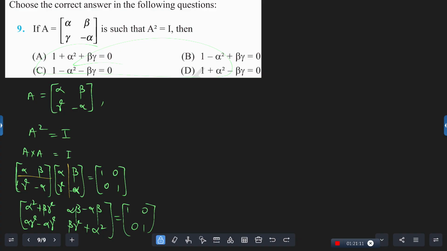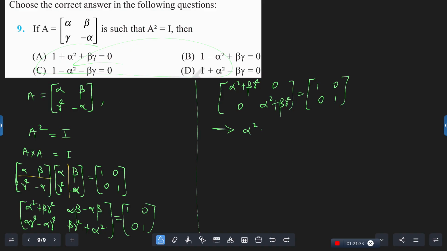Understand? Now what you can mention is alpha square plus beta gamma, 0, 0, alpha square plus beta gamma, which is equal to 1, 0, 0, 1. That's it. Corresponding elements are equal, as the matrices are equal. So as per that, alpha square plus beta gamma is equal to 1.